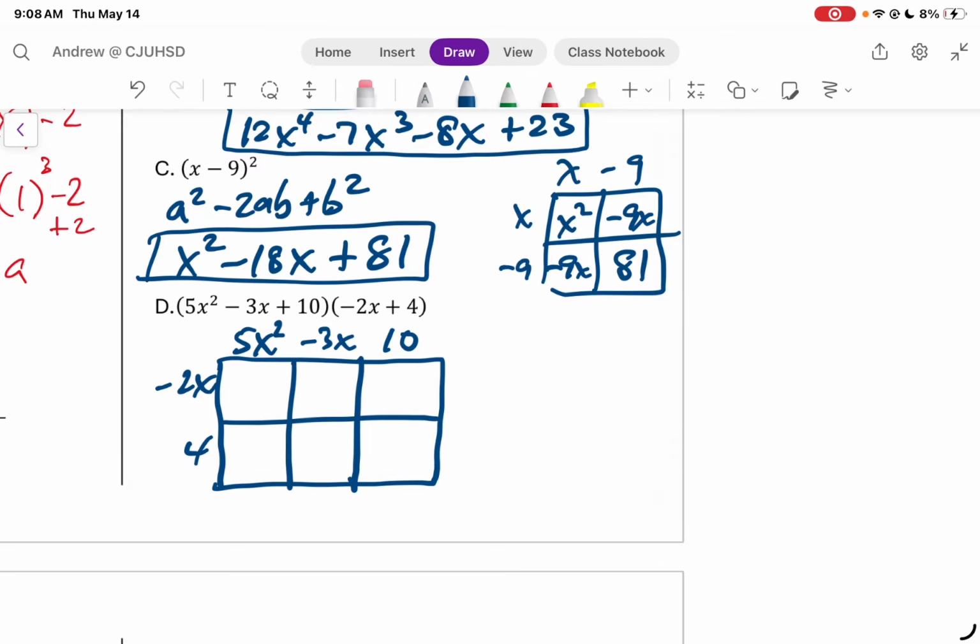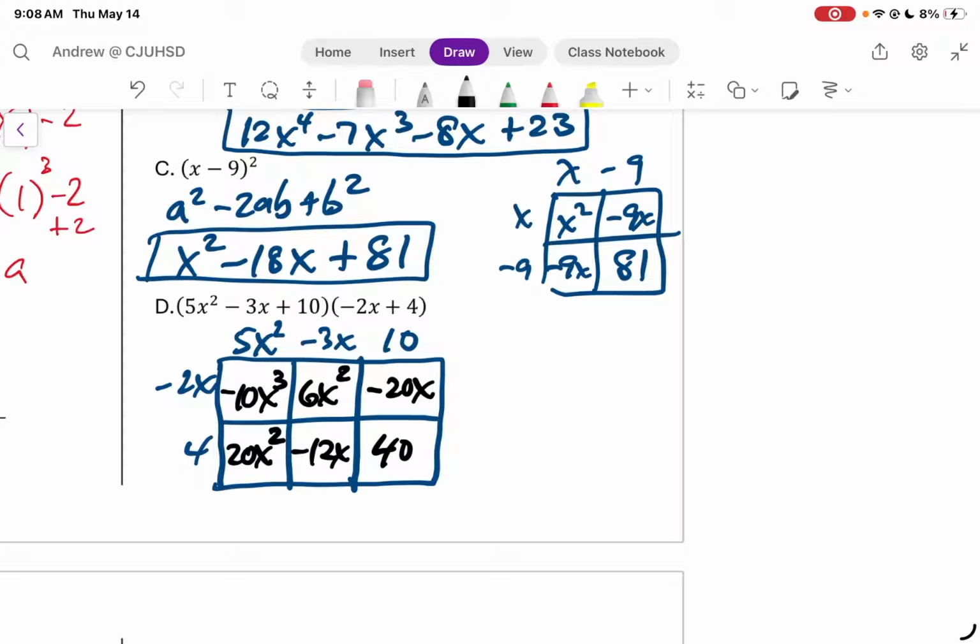So we got, let's change to black here. How about negative 10x cubed? How about 6x squared and negative 20x? Okay, in the second row, 20x squared, 5 times 4, negative 12x, and 40.